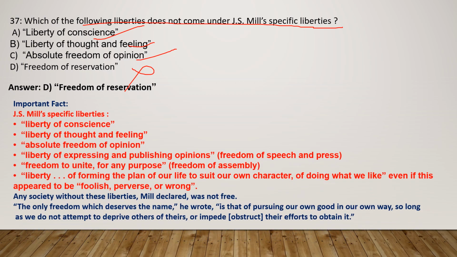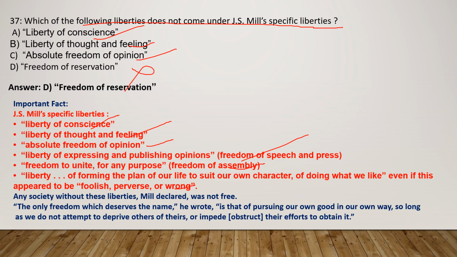Let us know about J.S. Mill's specific liberties. Liberty of conscience, liberty of thought and feeling, absolute freedom of opinion, liberty of expressing and publishing opinions, freedom of speech and praise, freedom to unite for any purpose, that is also known as freedom of assembly, liberty of forming the plan of our life to suit our own character, of doing what we like, even if this appear to be foolish, perverse, or wrong.